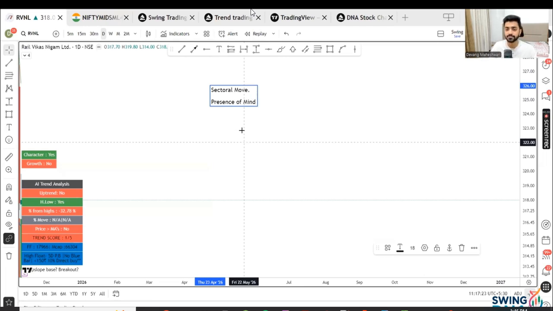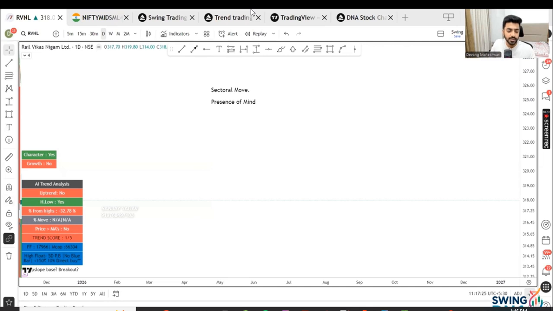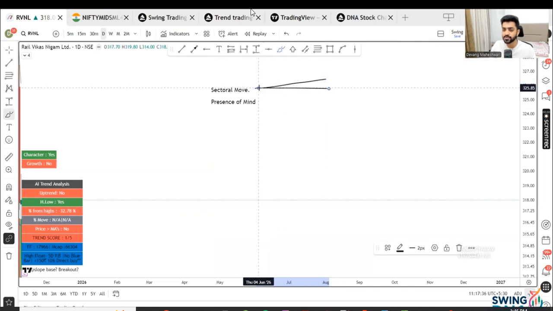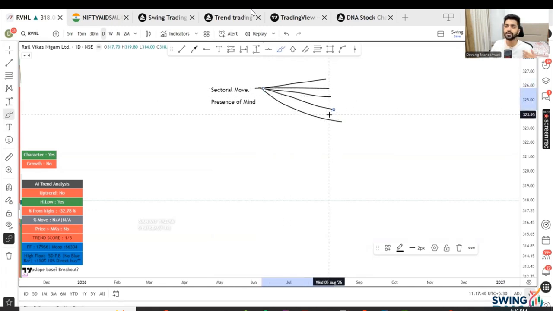Whenever there is a sectoral move, different stocks from the same sector move together. Like we have seen in the past, PSU banking moving together, then defense stocks moving together, then railway stocks moving together. How to make sure that it can be a sectoral move?